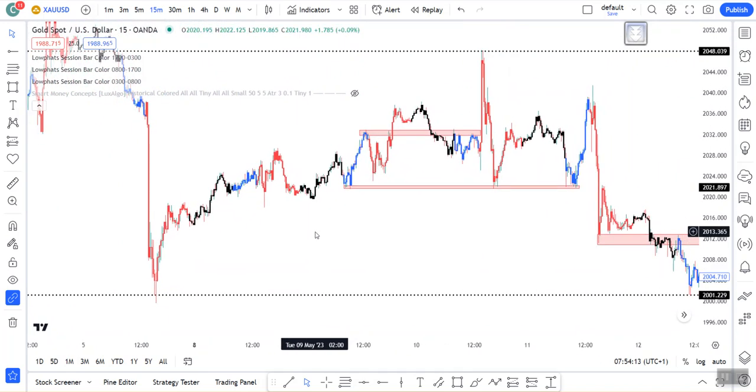So if you know that all this happens in the US session, all you need to do is, at the US open, mark out the previous day high and the previous day low, and then depending on the direction of the market, allow the market to get to either of those zones and then take your trade and ride it.